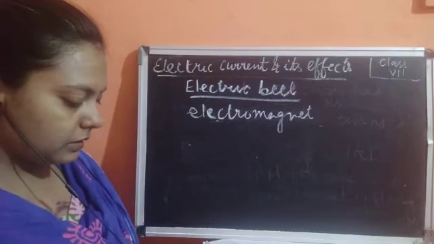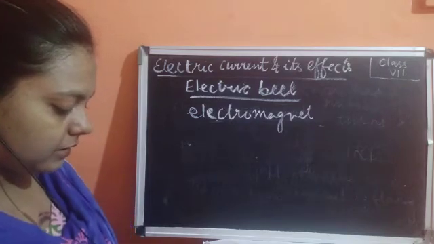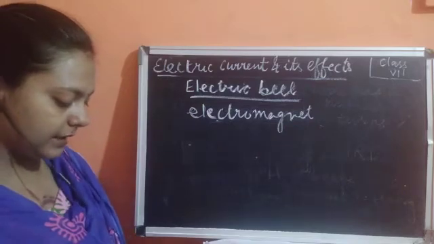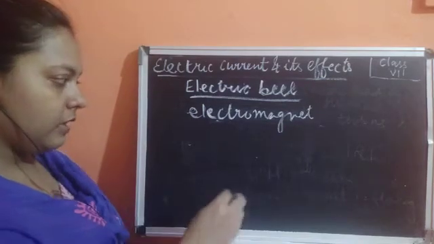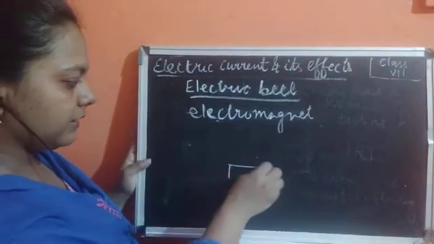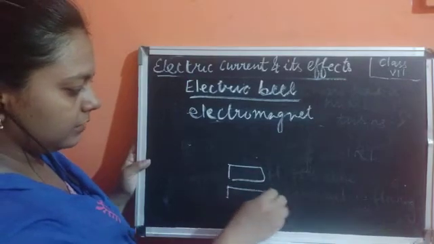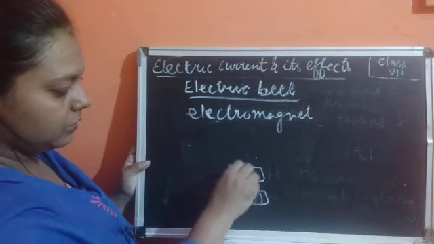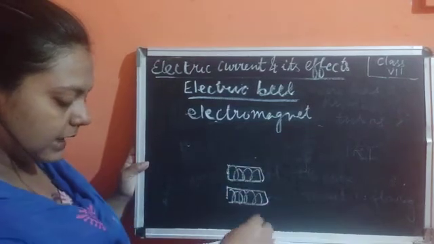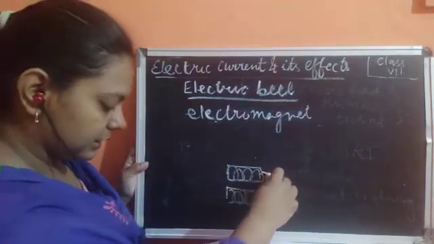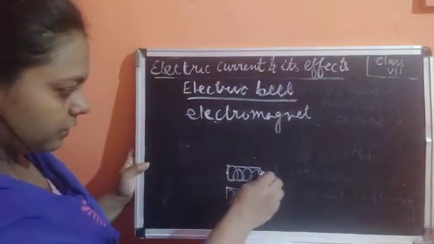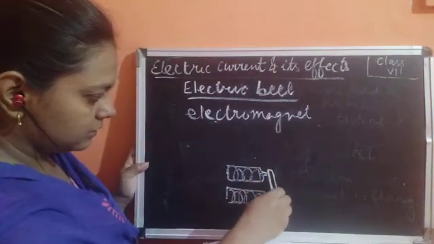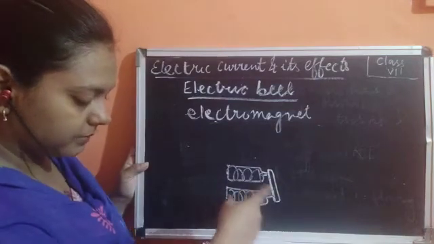One diagram is given here in your book which is going to show you the circuit diagram of an electric bell, where this electric bell has the soft iron core, upon which the coil of copper wire is wound, and this is attached to one other part.